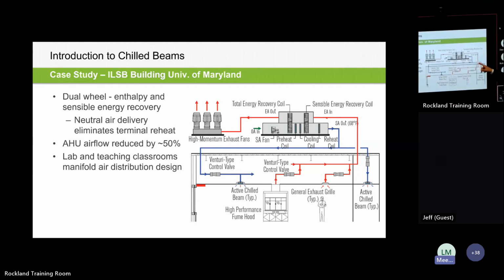So they've got 68 degrees Fahrenheit running to the active chilled beams for that primary air, or that minimum air change requirement, to match the general exhaust and fume hood exhaust. And they were able to reduce the airflow by half, which is quite substantial.